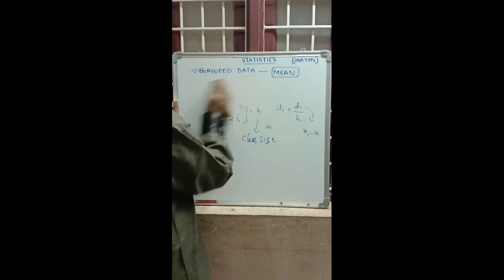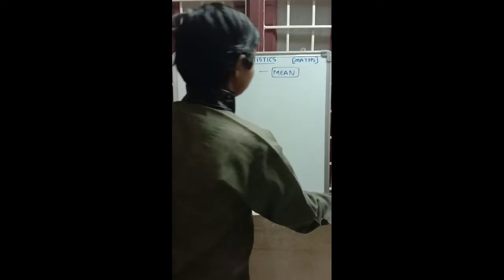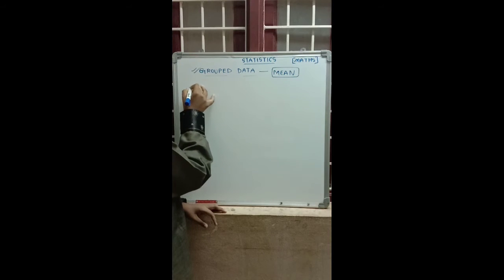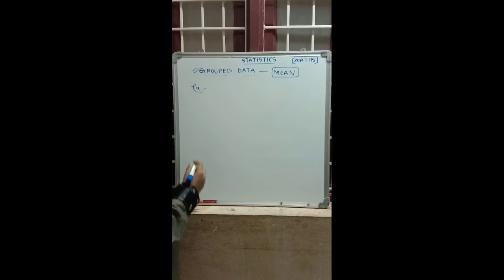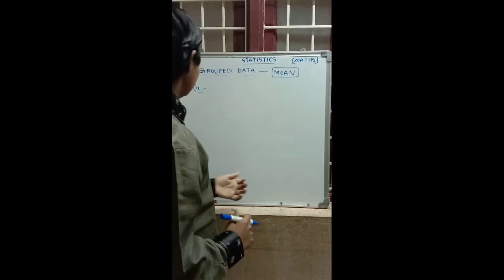Let us take one example. They give us workers and ages, which we take as class intervals.